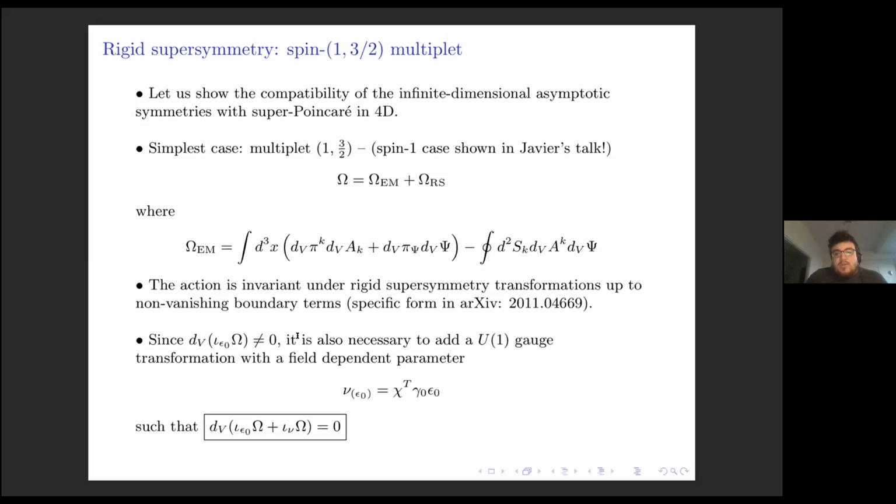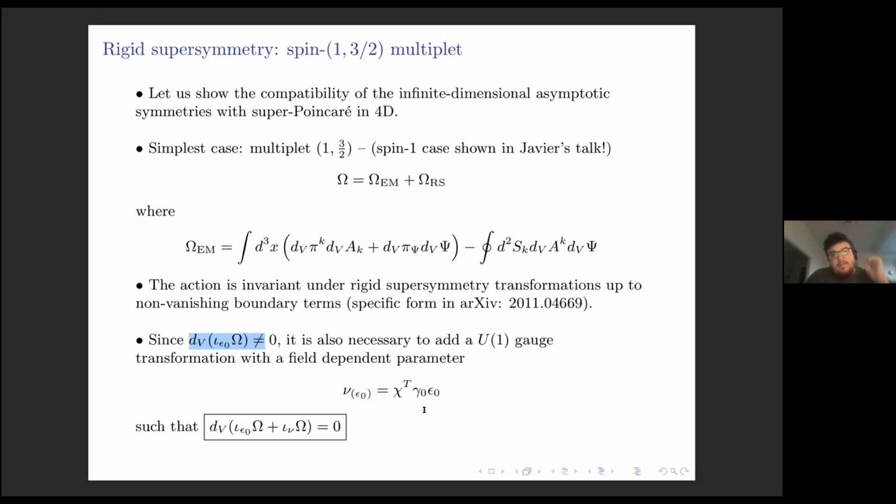So we know that supersymmetry transformations, all the transformations, can be defined up to gauge transformations. In this case, U1 gauge transformations. So in order to obtain a canonical generator, or render rigid supersymmetry canonical, we have to add a U1 gauge transformation with a field-dependent parameter of this form.